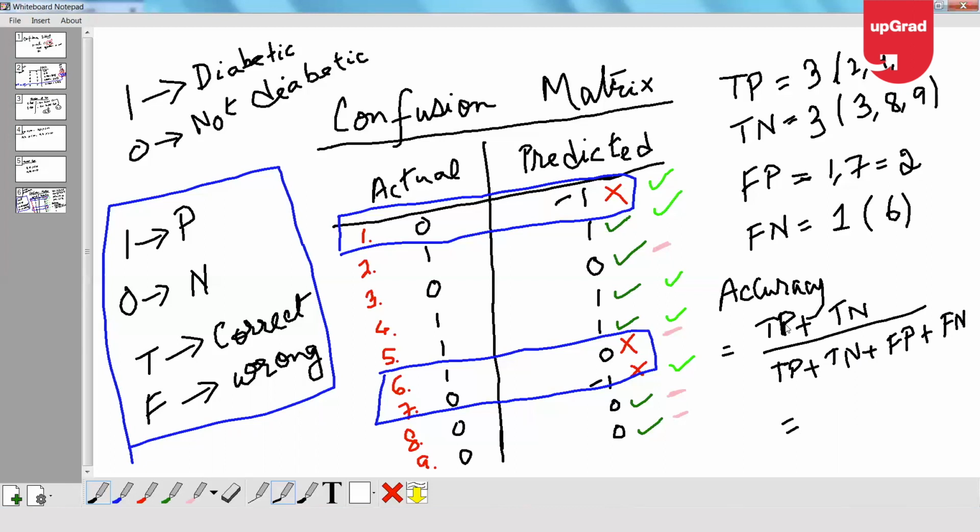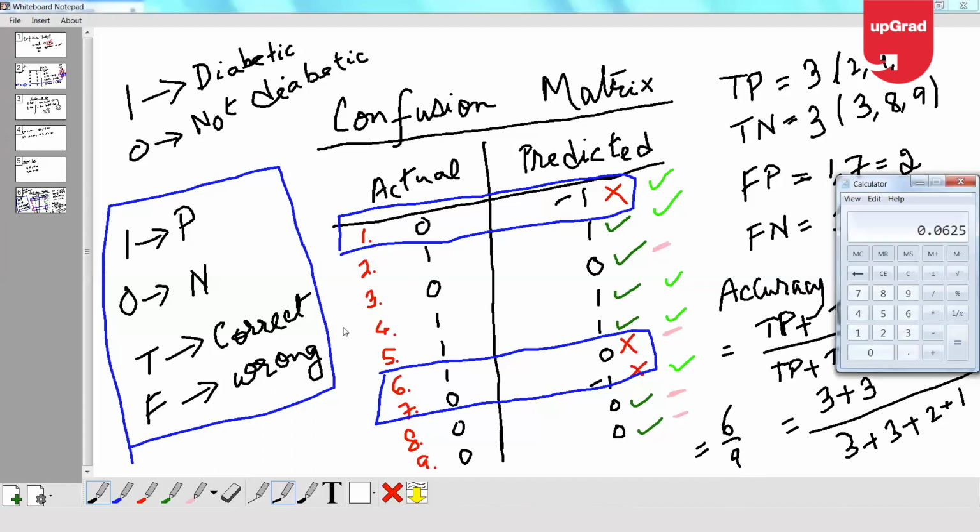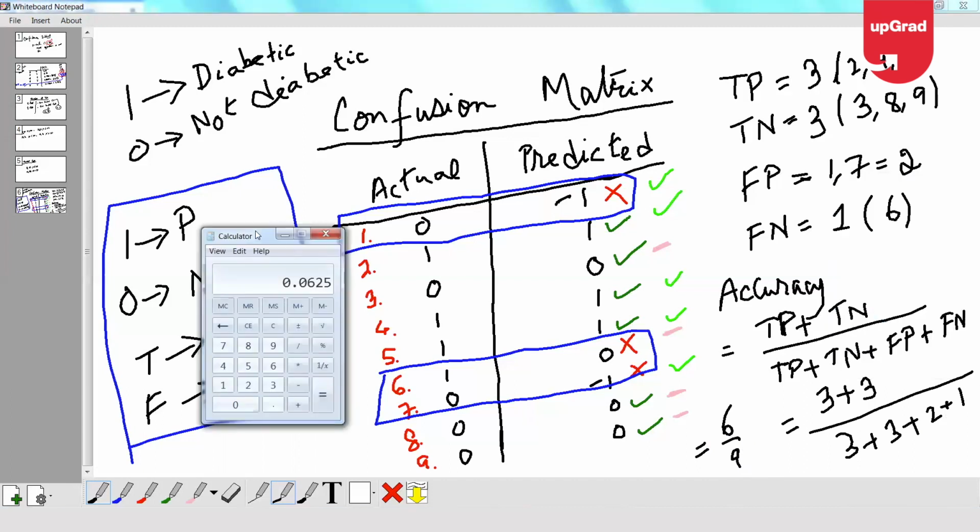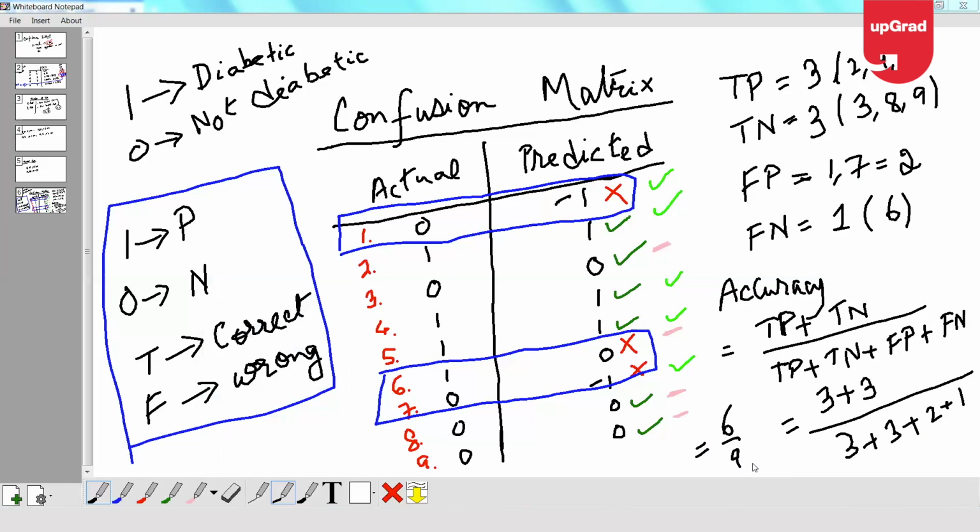So here, how many true positives do we have? 3 true positives and 3 true negatives divided by 3 plus 3 plus false positive are 2, false negative is 1, which is equal to 6 by 9. If we get this in terms of percentage, 6 by 9 is around 66.67%, right? So this is all about the confusion matrix.